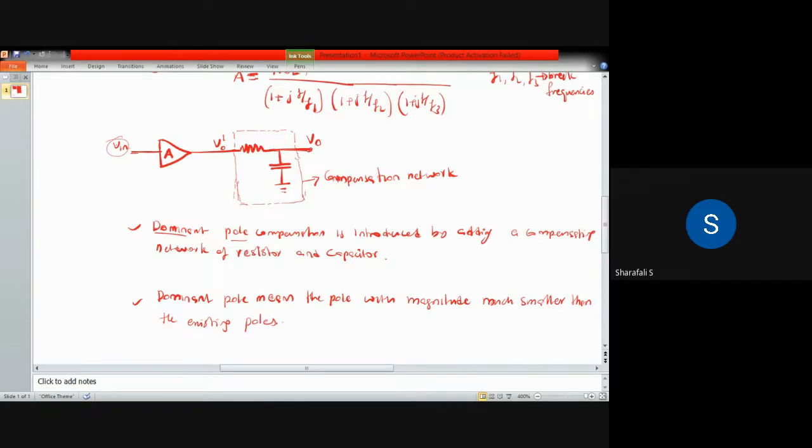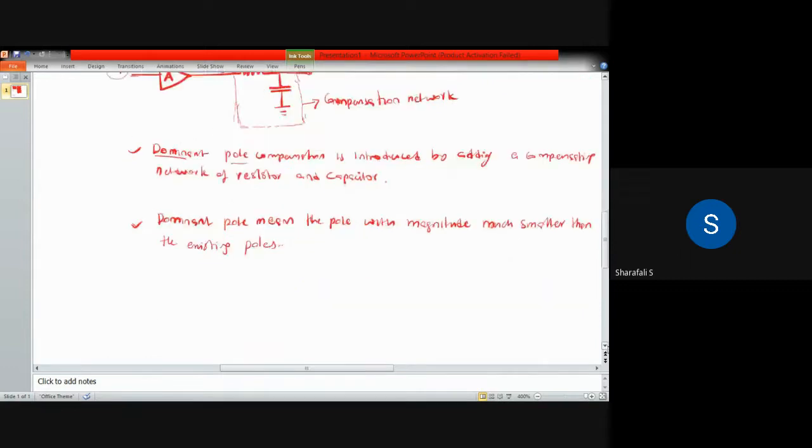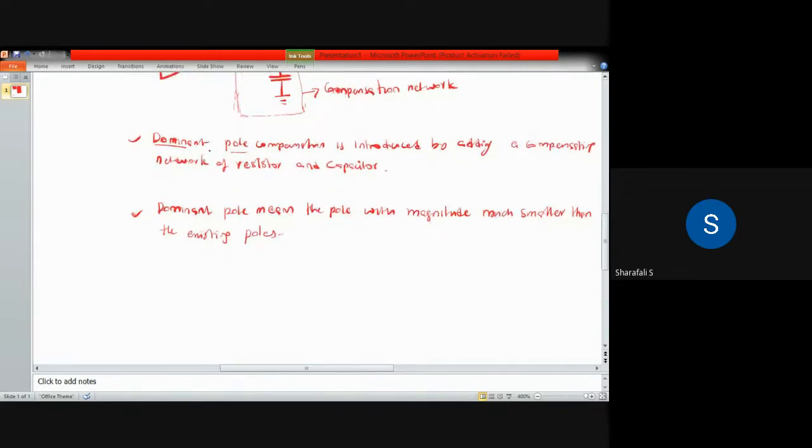If there are many poles already in your system, contributing to many frequencies, then if you want to add a dominant pole, its magnitude, which means its frequency, has to be much less than that of the existing poles. That is what we have to add by using this dominant pole compensation.